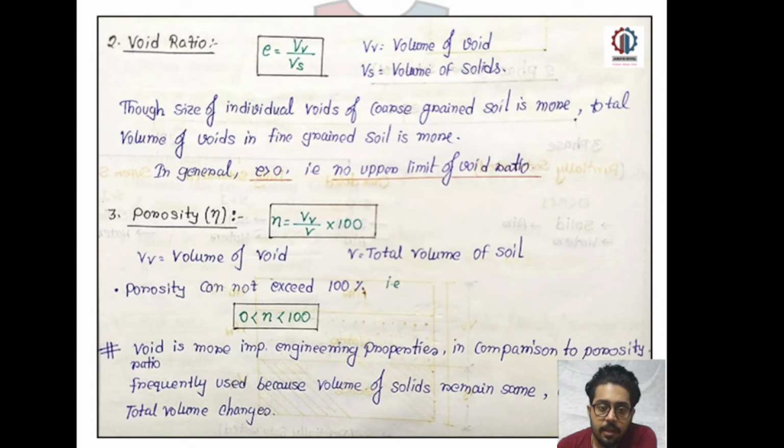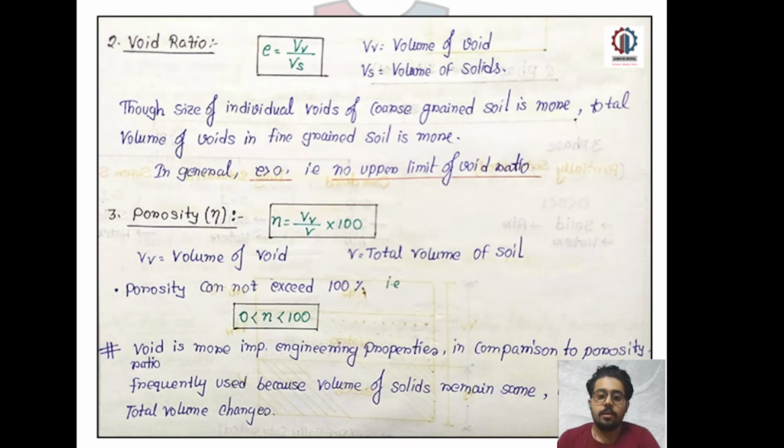Anyone can tell: in case of fine grain soil the particle size is very small, so the number of particles should be more for fine grain soil in that particular volume of container. Is that clear? You take a container, you pour a certain volume of coarse grain soil, again you pour a certain volume of fine grain soil, so the number of particles should be more in case of fine grain soil.